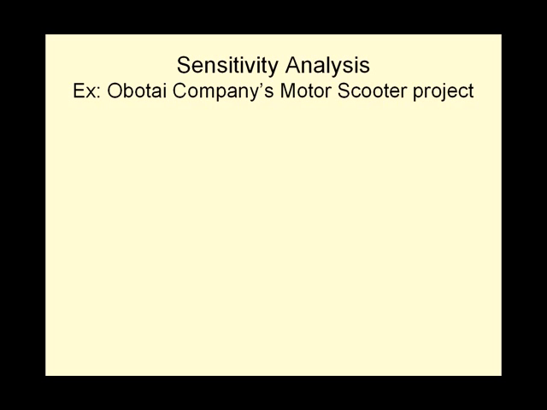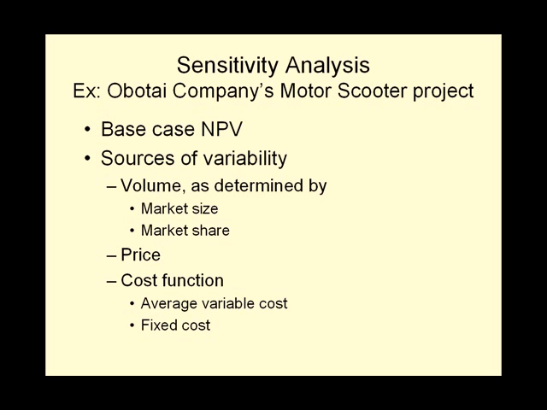Let's take the example of Monte Company's motor scooter project in Chapter 10 of the text. First, we'll identify and solve for the base or most likely case net present value. Then we'll identify sources of variability in cash inflows and cash outflows that might affect NPV.